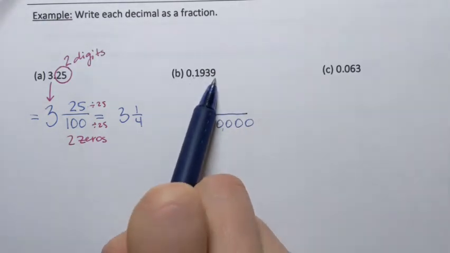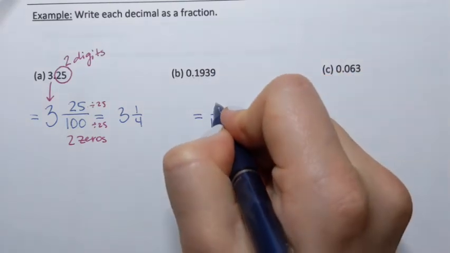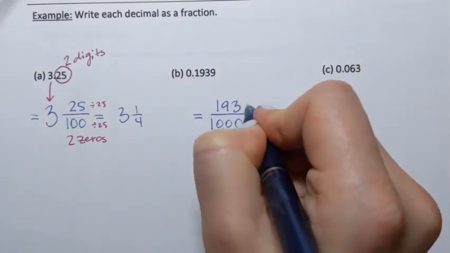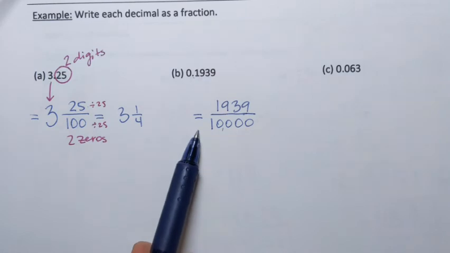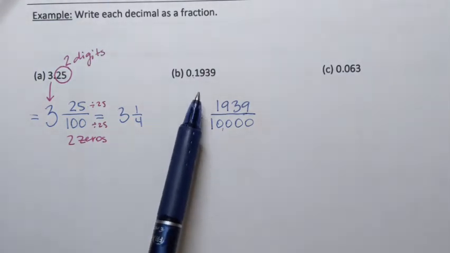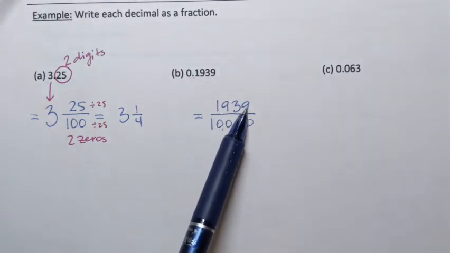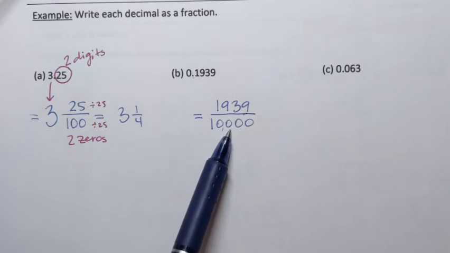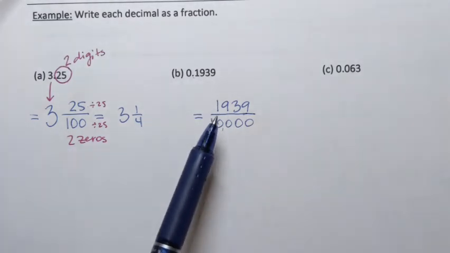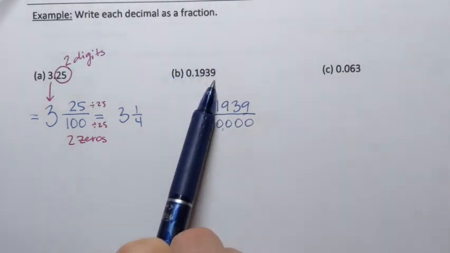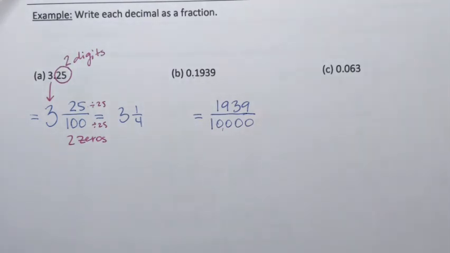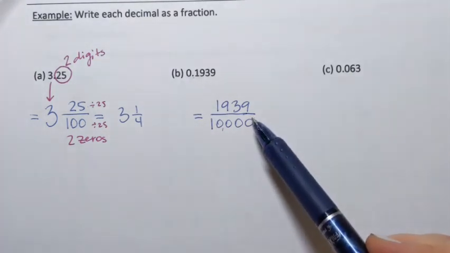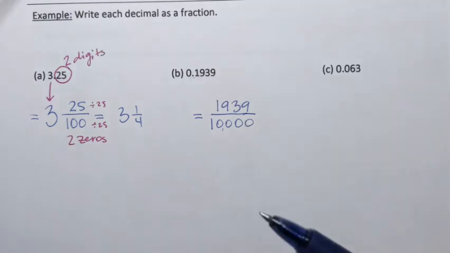And then all those digits I will place in the numerator. 1, 9, 3, 9. So that makes a decimal fraction that we read as 1,939 10,000ths, right? And that's exactly how we're going to read this decimal. It's exactly the same way. Now that cannot be simplified, so that's the answer.